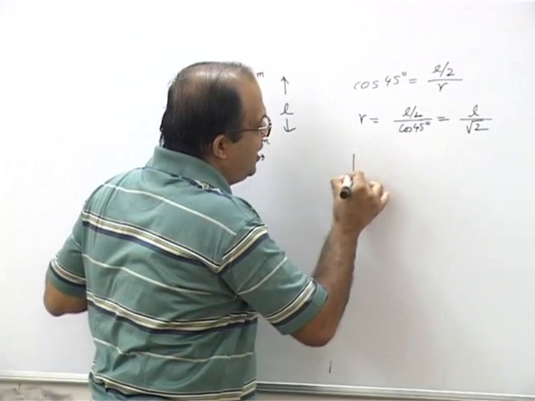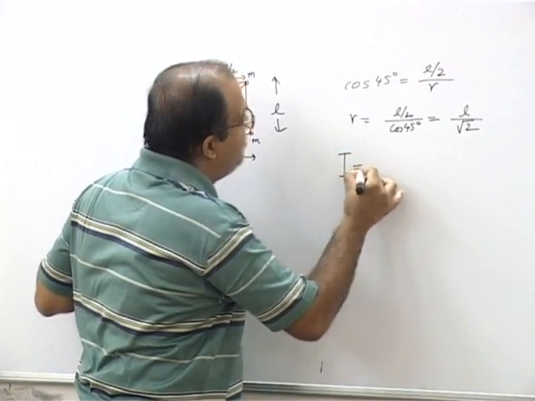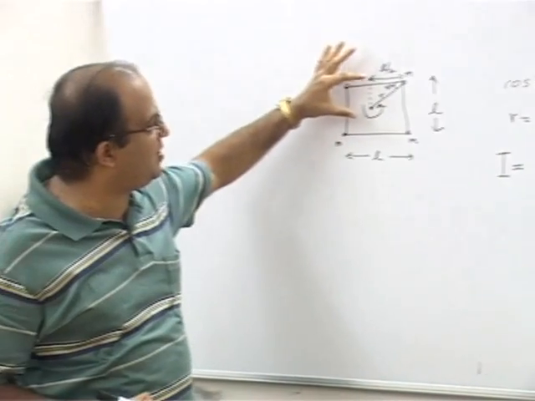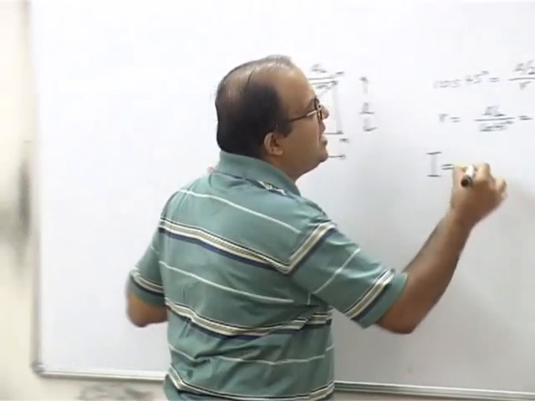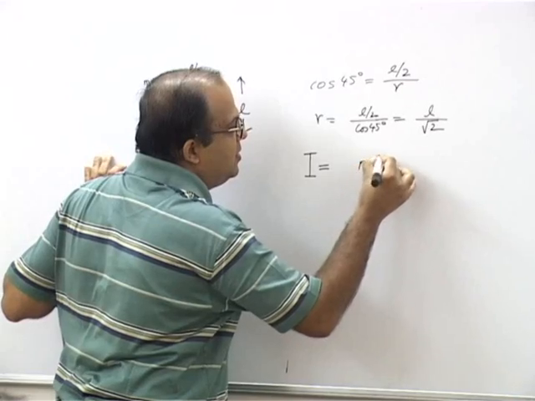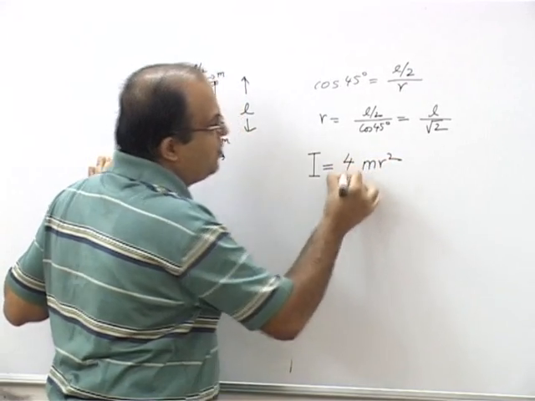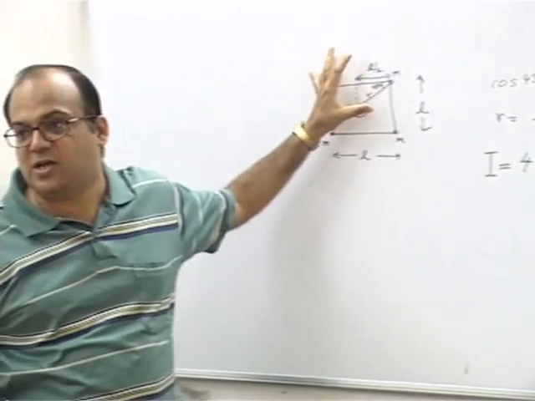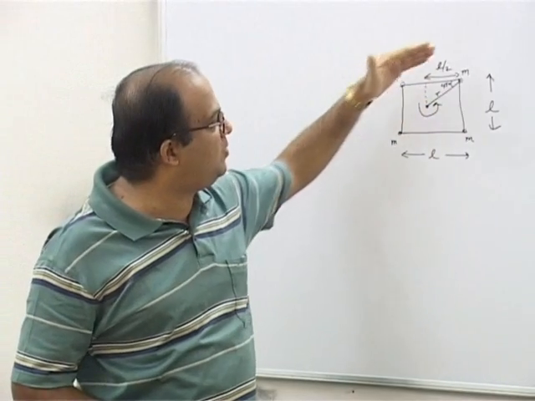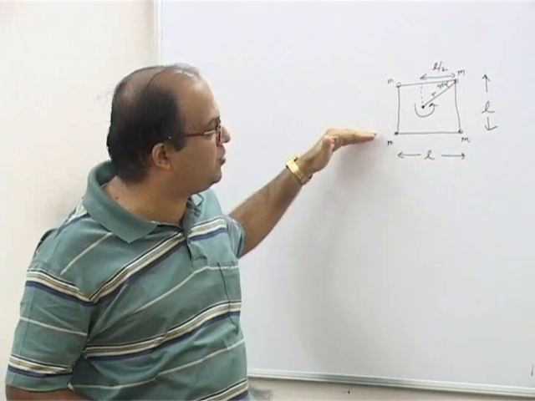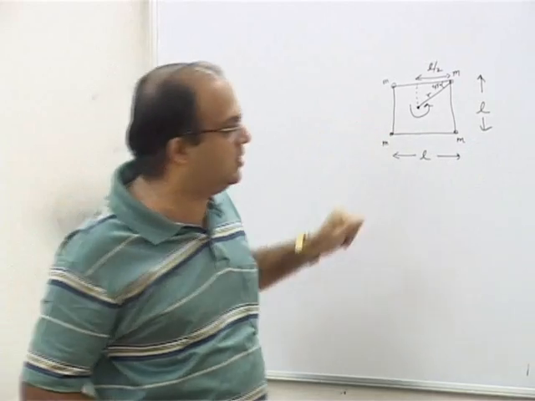So moment of inertia of each of these point masses will be given by m r square, and if you multiply by 4, you will get the moment of inertia of the system. mr square plus mr square plus mr square plus mr square, that is 4mr square.